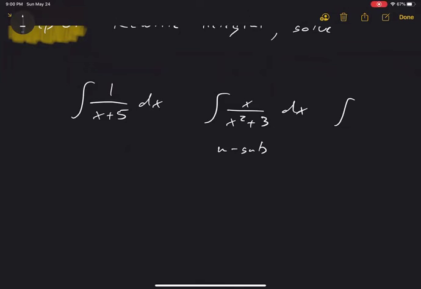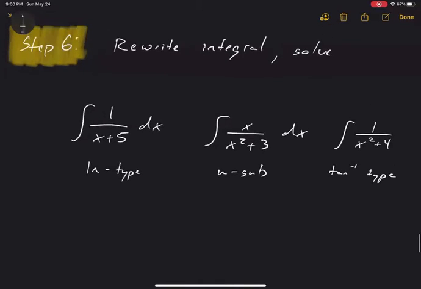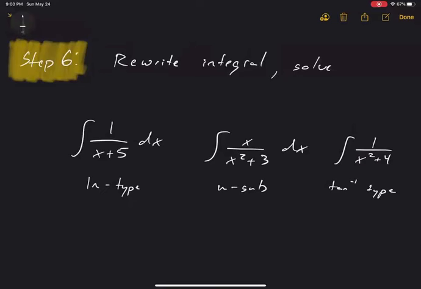So maybe we have 1 over x squared plus 4. This is going to be like a tan inverse type integral. If you can solve these three types of integrals, you shouldn't have any problem on step 6.